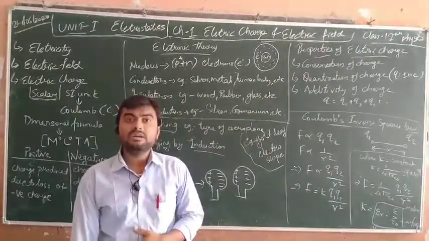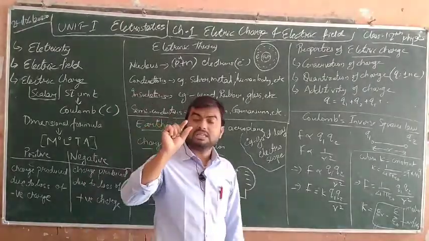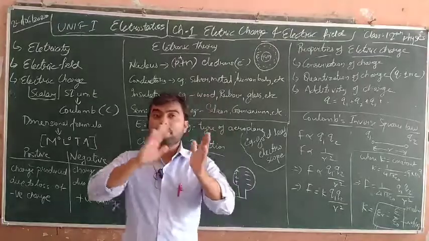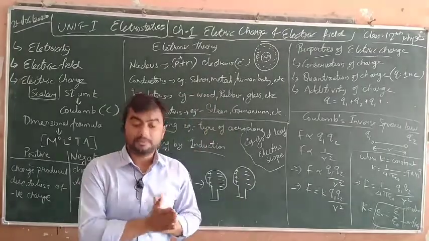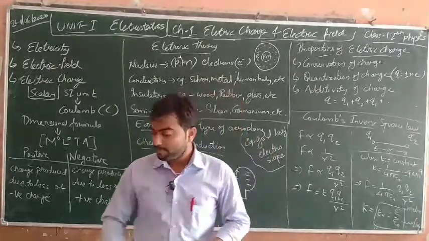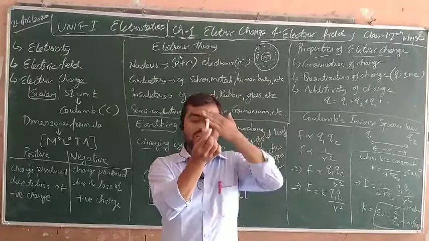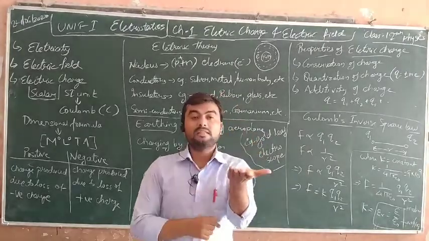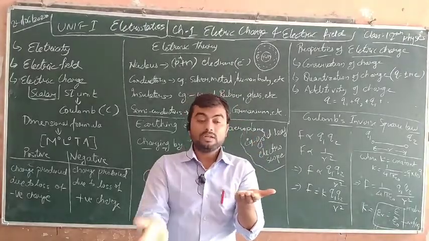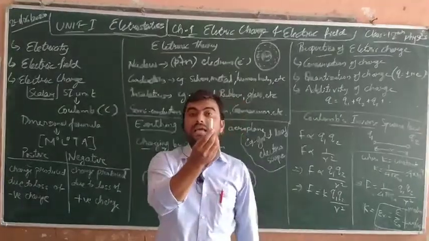Conservation of charge: according to this principle, the net charge, the net meaning the total amount of charge present inside a substance or an isolated system. Isolated system means, suppose this chalk is a substance, and I am not letting any other substance go near it, so this can be termed as isolated.